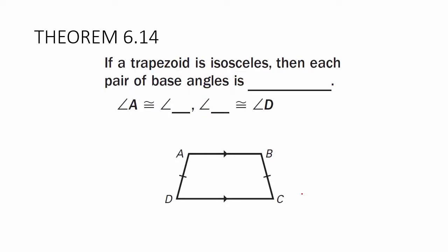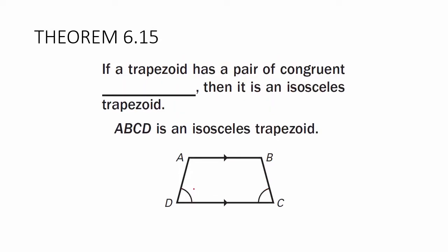Theorem 6.14. If a trapezoid is isosceles, then each pair of base angles is congruent. So we can say that angle A is congruent to angle B, and angle C is congruent to angle D. So in this picture over here, angle A is congruent to angle B, and angle C has the same measure as angle D. Theorem 6.15.